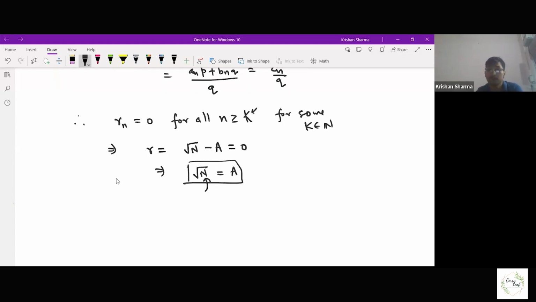But we can say if square root of n is not an integer, or in this way, you can say that if square root of n is rational, then it is an integer.